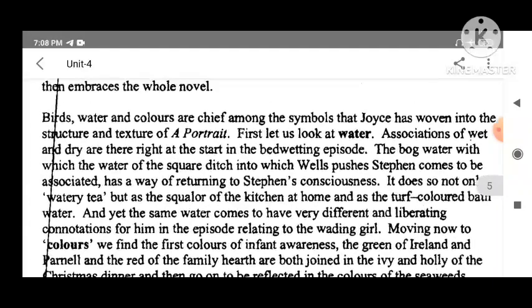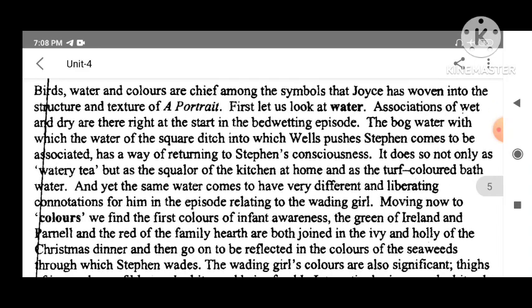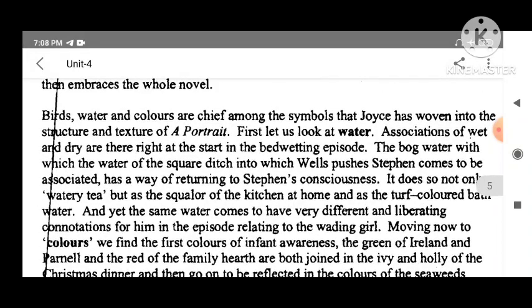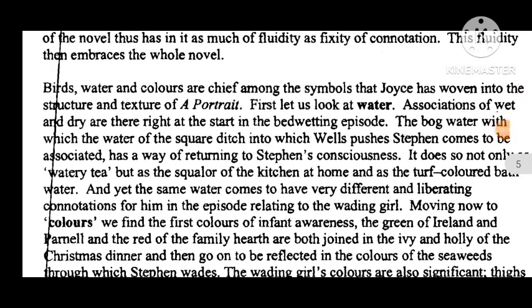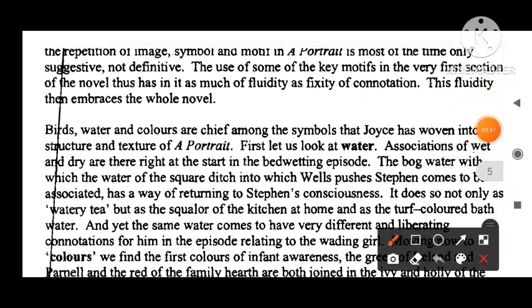Birds, water and colors are chief among the symbols that Joyce has woven into the structure and texture of A Portrait. So here you can see some physical features which James Joyce used in A Portrait: the birds, water and colors.